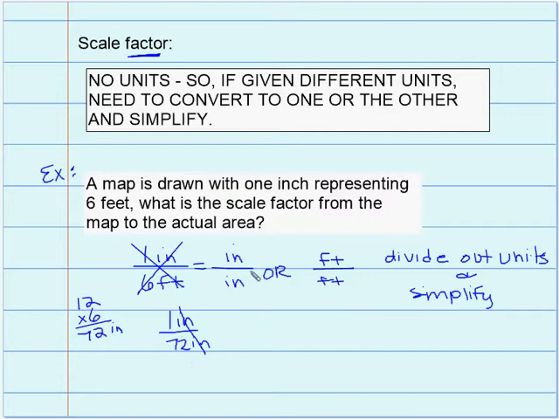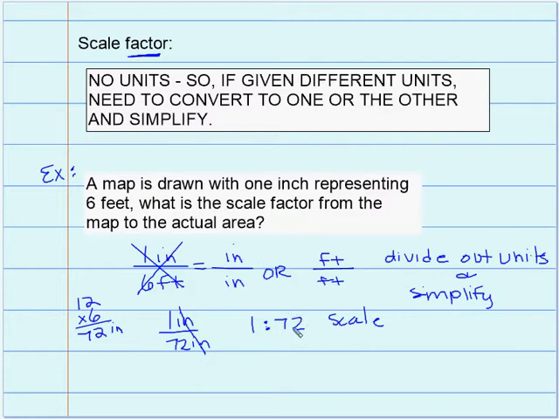So you can write this as 1 to 72. Now if you do, that's a scale. If you do anything with models or cars, like Matchbox cars, you'll see the 1 colon number, and that will tell you what the scale is.